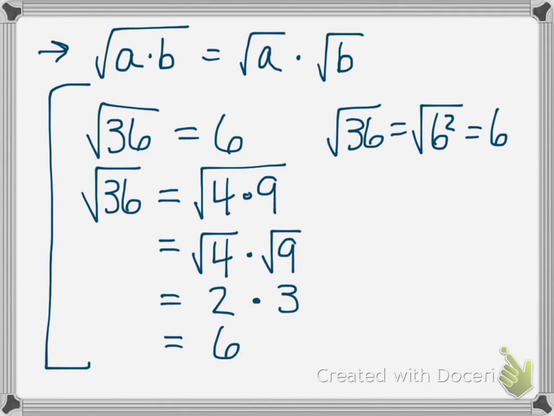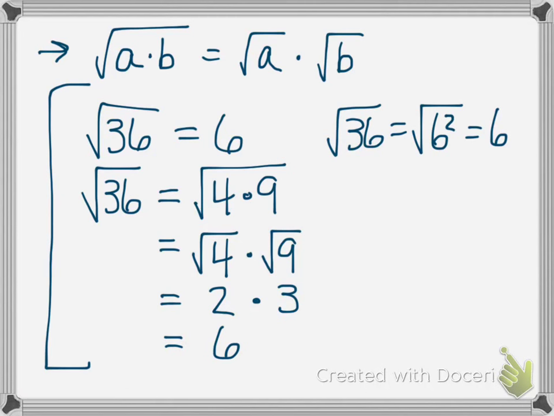Okay, so let's look back at our problem. So we can rewrite this radical as the square root of 2 squared times the square root of 2 squared times the square root of 2 squared times the square root of 2.